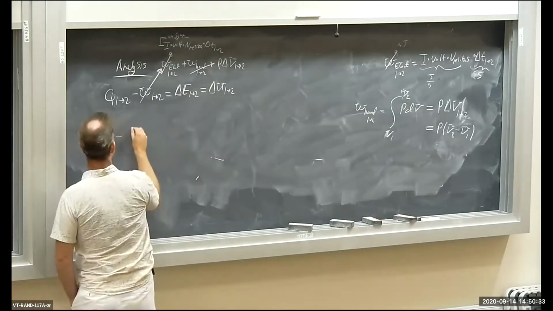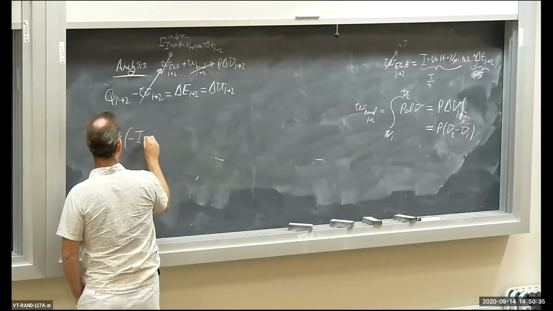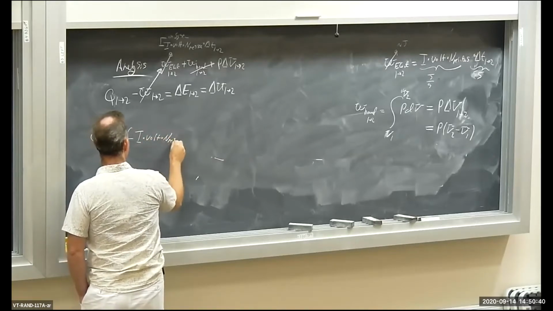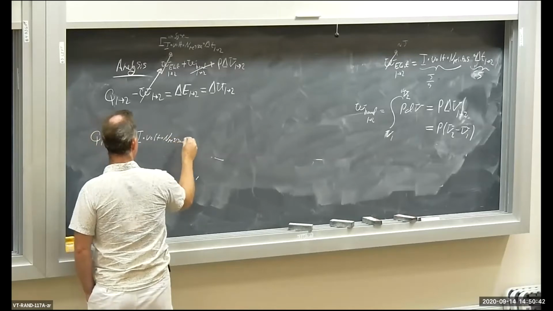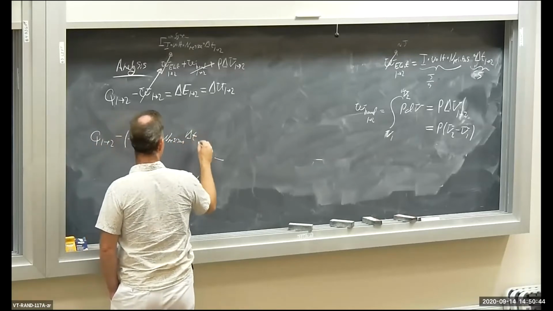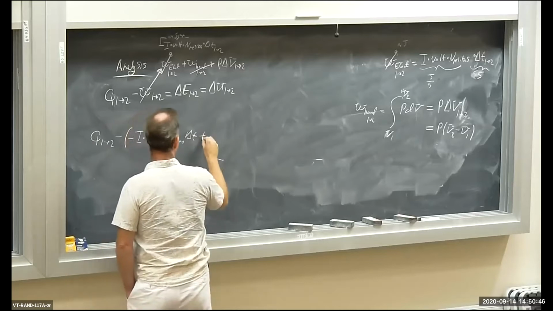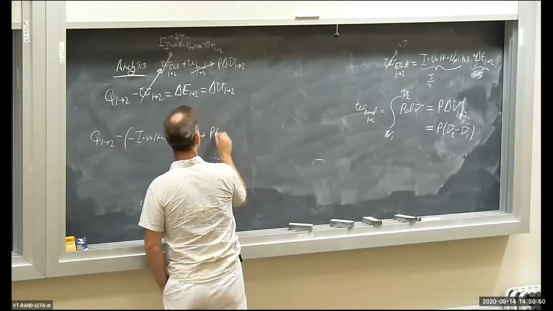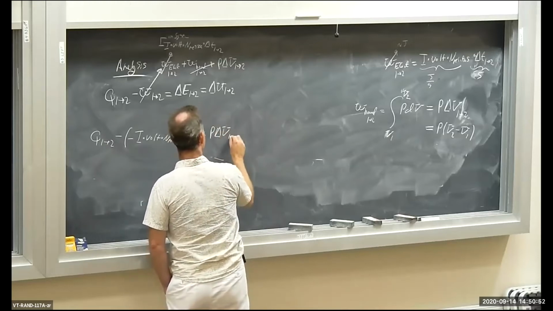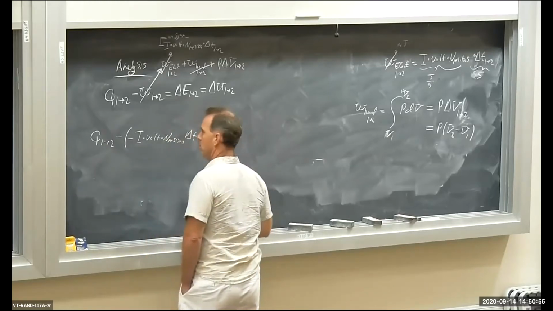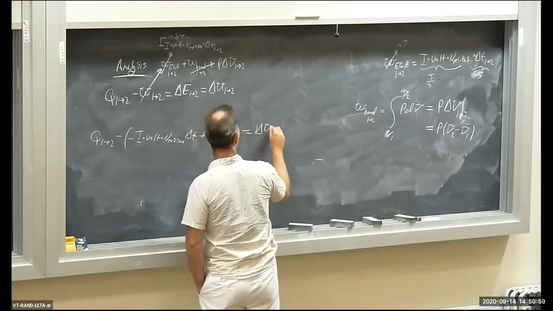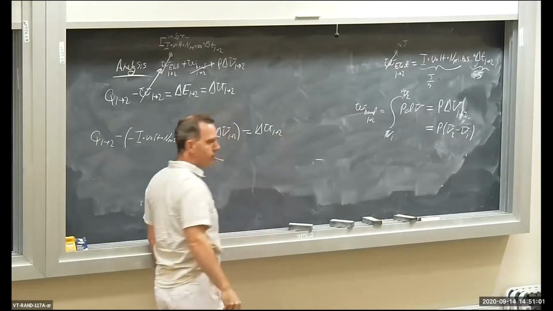So I have a negative times a negative current times voltage times N resistors times delta T. And then I've got the boundary work term, which is P delta V. And that's all equal to delta U, 1 to 2.